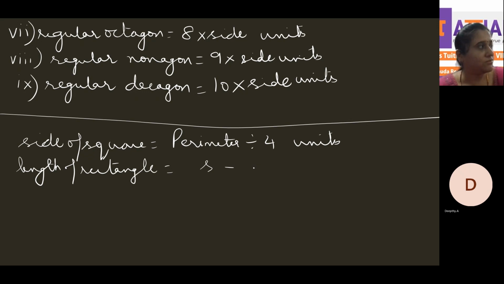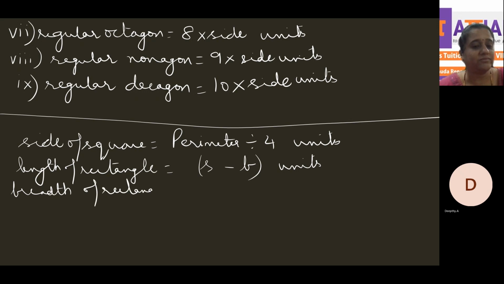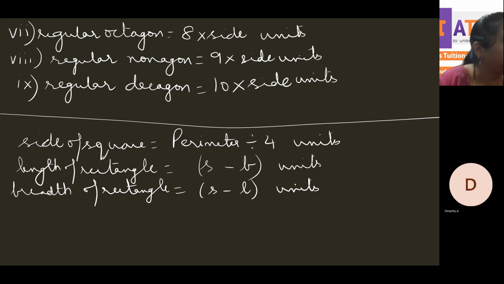Perimeter by 2. And the breadth of a rectangle is equal to semi-perimeter minus length. Perimeter divided by 2. Okay. Write down, children.